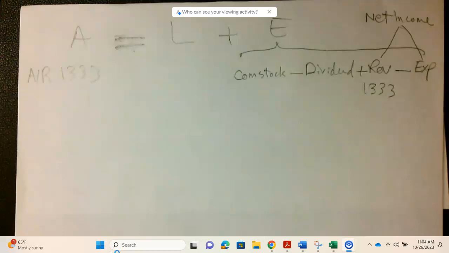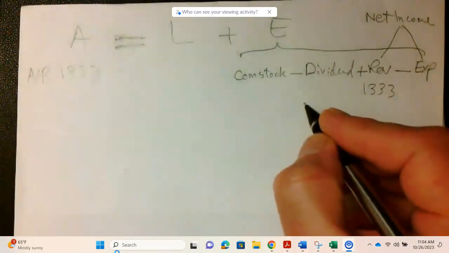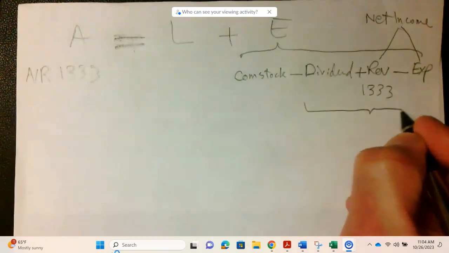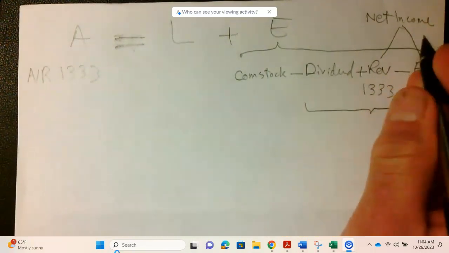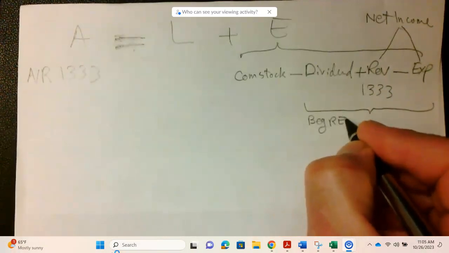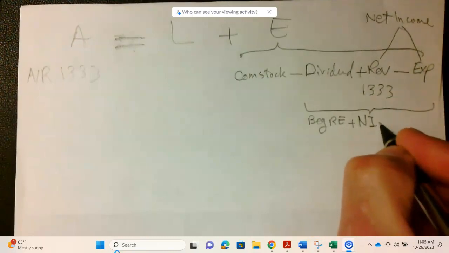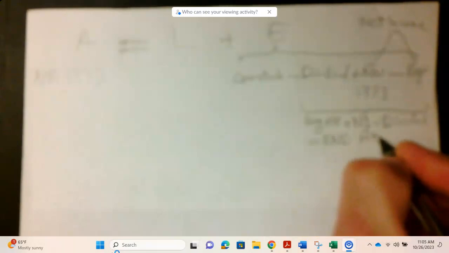And if net income is increasing, where will the net income end up? Net income will end up in beginning retained earning plus net income minus dividend equals end retained earning.